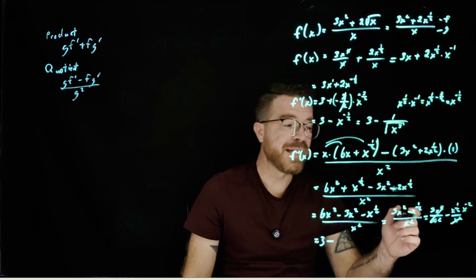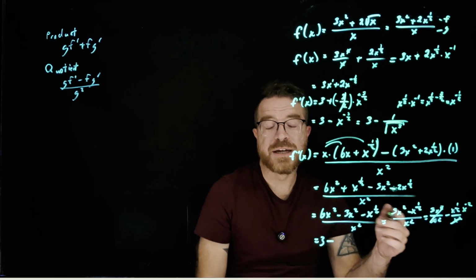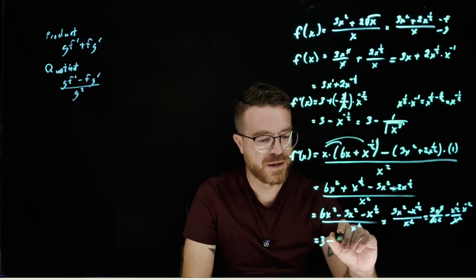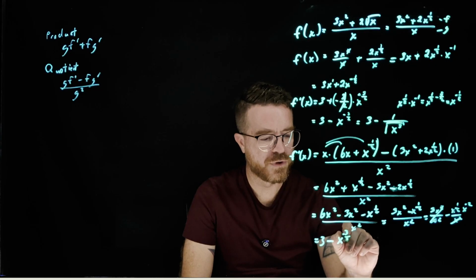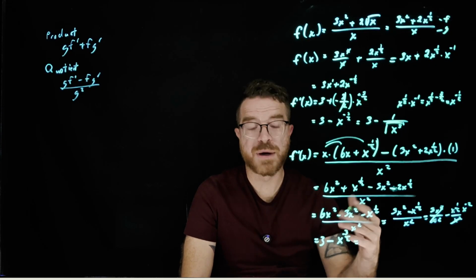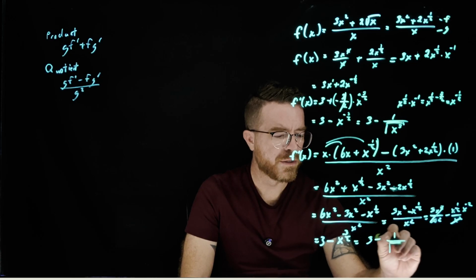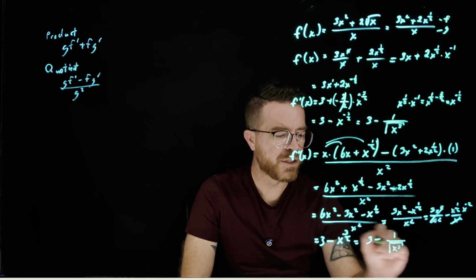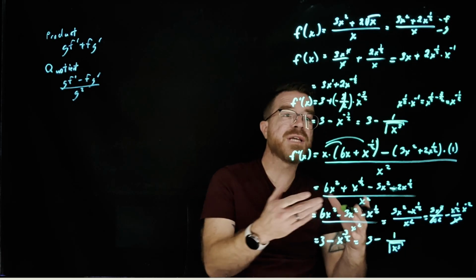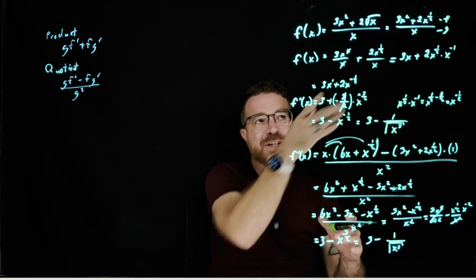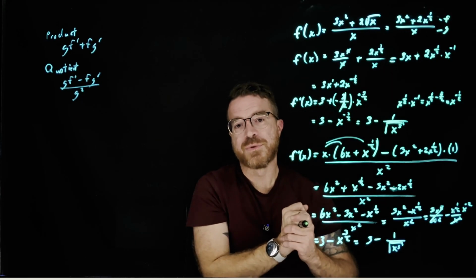That would be the same thing as saying -4 over 2. So 1 over 2 minus 4 over 2 gives me x to the -3 over 2, which then of course brings us right back to where we were, 3 minus 1 over the square root of x cubed. So just like we got before, using the quotient rule, or in fact rearranging our original function so that we could just use the power rule.